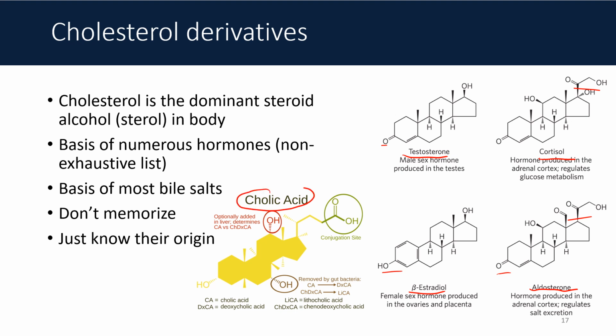Cholic acid is one type of bile salt, and what we do here is oxidize the alkyl tail attached to the D ring and that imparts an explicit charge to that side of the molecule, making everything else hydrophobic and that part hydrophilic. It's basically a good biological soap, if you will.